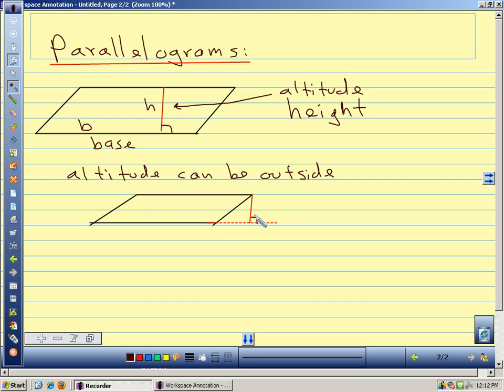As long as it makes a 90-degree angle with the line that comes from the base, we're fine. And we'll label that one H, and this is B.